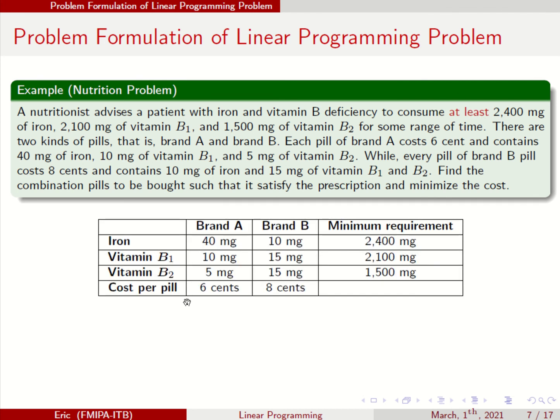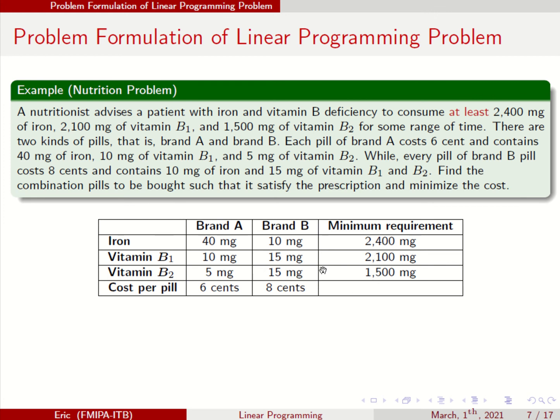So you build the table. For brand A, you have 40 milligrams of iron, this one, and the cost per pill is 6 cents. For brand B, you have this specification. The minimum iron requirement is 2400, and vitamin B1 is this, vitamin B2 is this.